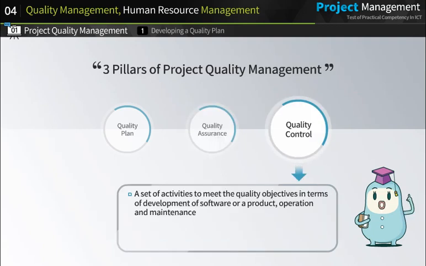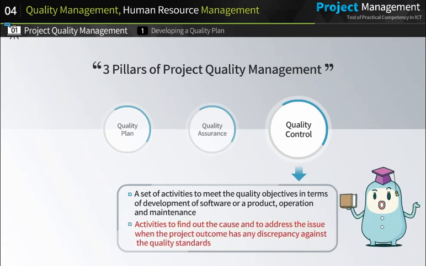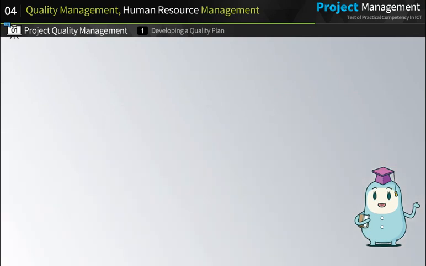Quality control refers to a set of activities to meet the quality objectives in terms of development of software or a product, operation and maintenance, or activities to find out the cause and to address the issue when the project outcome has any discrepancy against the quality standards.